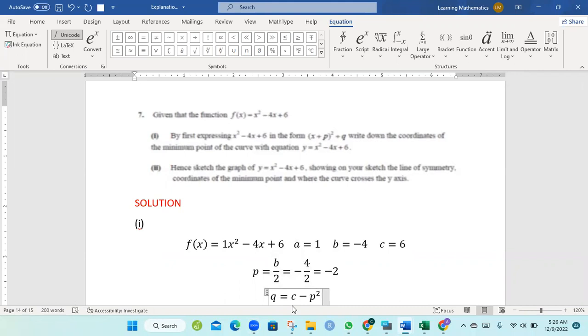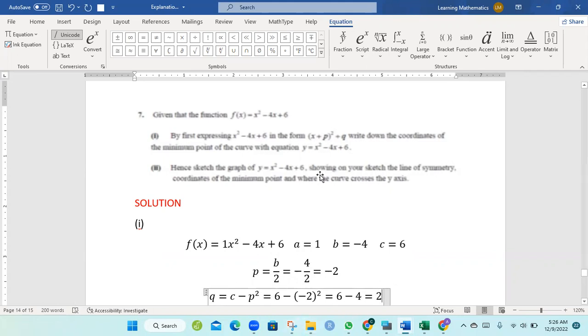So q is equal to 6 minus p squared. p is negative 2, squared. So q is equal to 6 subtract 4, which is equal to 2. So q is equal to 2.